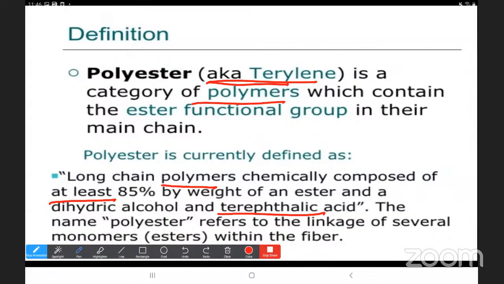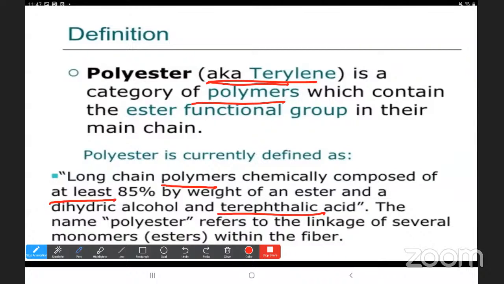So this is a long chain polymer. Here in this polyester, the main functional group is ester, right? Here we also use dihydric alcohol and terephthalic acid.